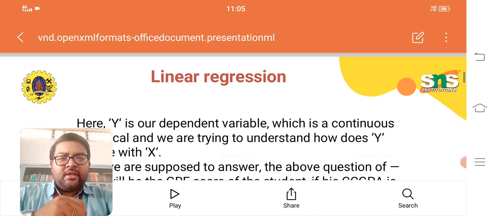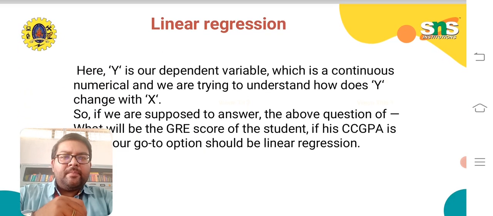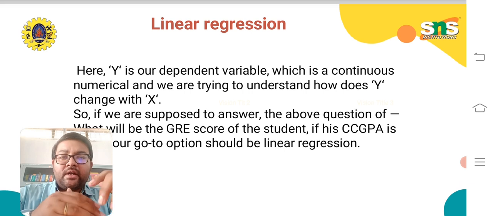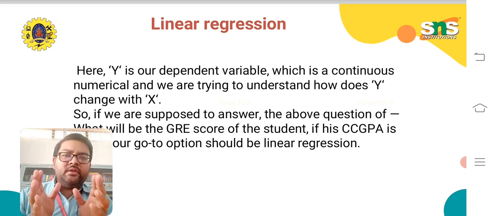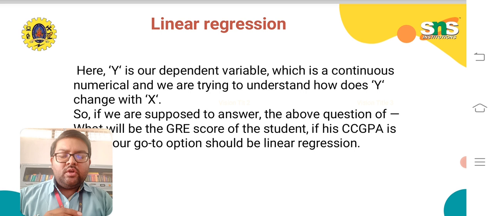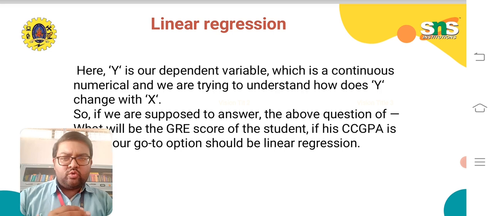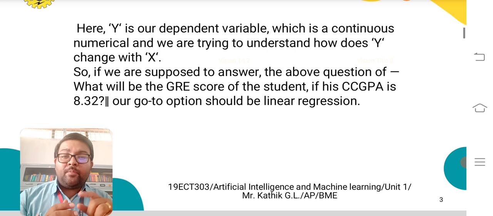As we discussed here, y is our dependent variable, which is continuous and numerical, and we are trying to understand how y changes with x. So if we are supposed to answer the above question, for example, what will be the GRE score of a student if his CGPA is 8.32?